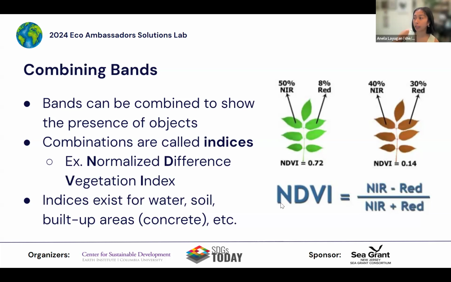For example, NDVI is the normalized difference vegetation index, so we know that high values of this index show places where there's vegetation. For something like water, that is the NDWI, so you know that high levels of that index show places where water is.